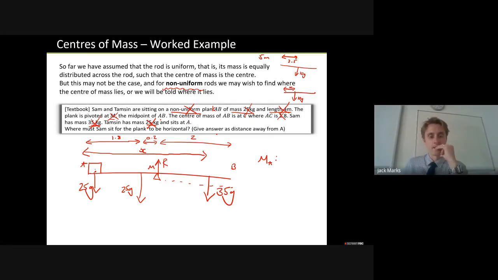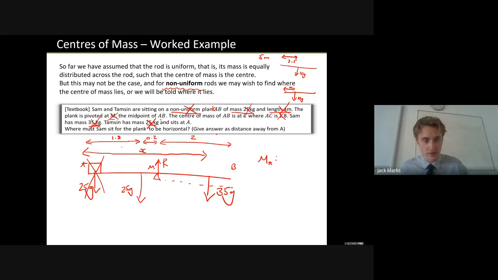So here's something that happens when you do moments from A. When you're really close to the point, the moment itself is almost nothing. If you take your moments at point A, you can effectively ignore this. The reason why you can ignore it is because you will be 0 away. It will be 0 times 25g. So that one is going to disappear.